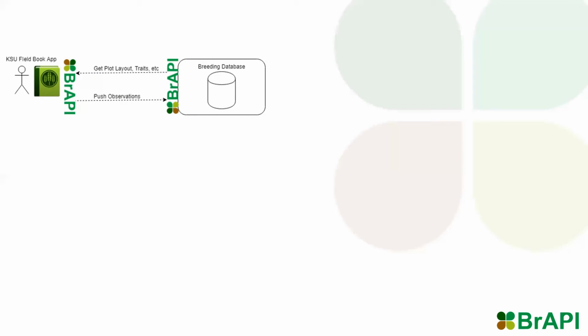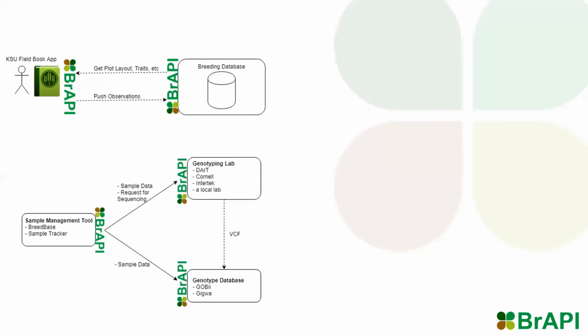Then, when data collection in the field is finished, we can upload observation data back into the database. When genotyping, we can automate sample data management between the breeding database and the genotyping lab. When the lab is finished processing the samples, genotype data can be automatically pulled into a genotype database.